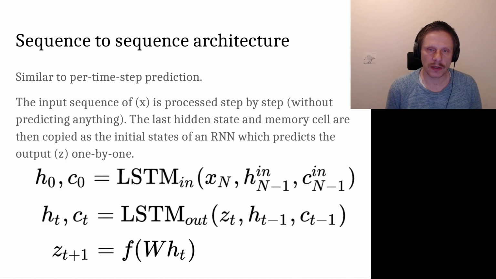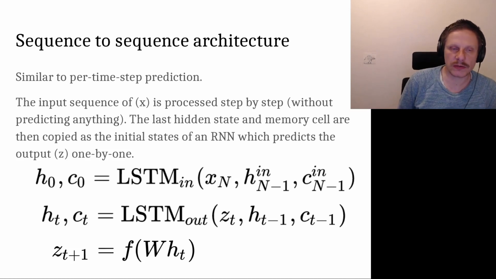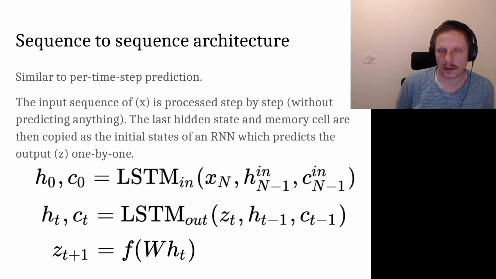And so this initialization of H0 and C0 is based on the last hidden state and last memory cell of that network and the last item of the input X.